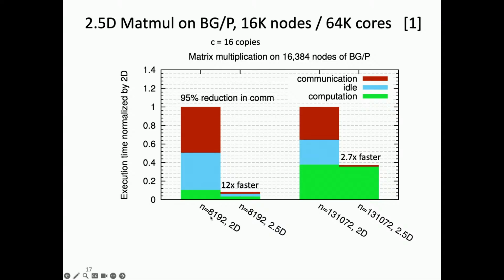I'm doing an 8K by 8K matrix multiply, and Edgar, who's in the audience, is responsible for all this. This column is the time for the 2D algorithm. This column is the new algorithm, 2.5D, normalized in time so that the 2D algorithm takes time 1, and this is how much faster the new algorithm is. So it's 12 times faster.